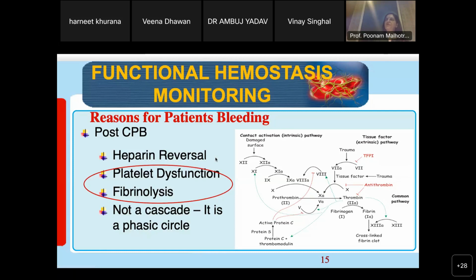You have so many blood factors, which all of you have learned in your MBBS days, but remember it is factor 8 deficiency, factor 13 deficiency, and factor 1 deficiency which is most common on prolonged duration of ECMO. And also remember that today we are in a phasic cycle of a common pathway. I don't want to go into the details, not this classic cascade of intrinsic, extrinsic, and common pathway. Next, please.